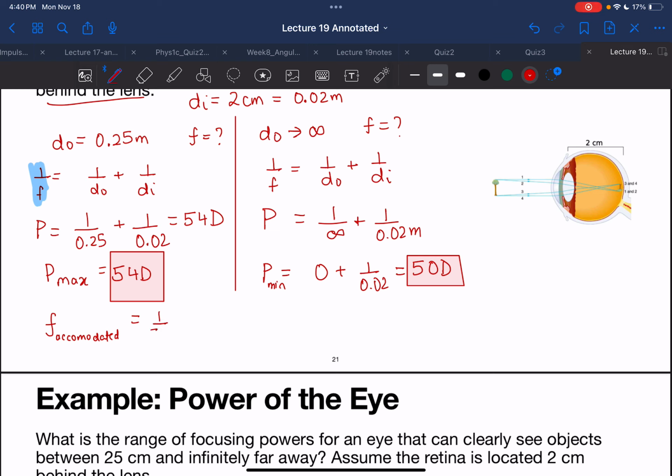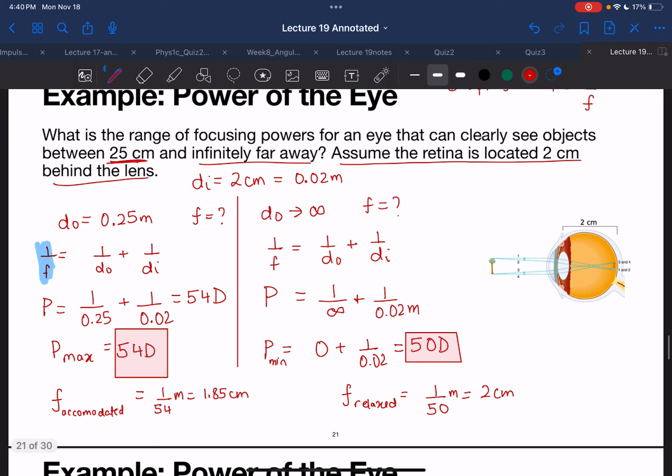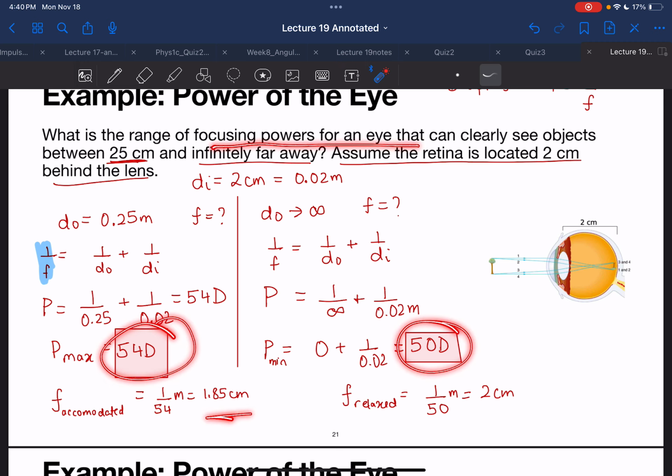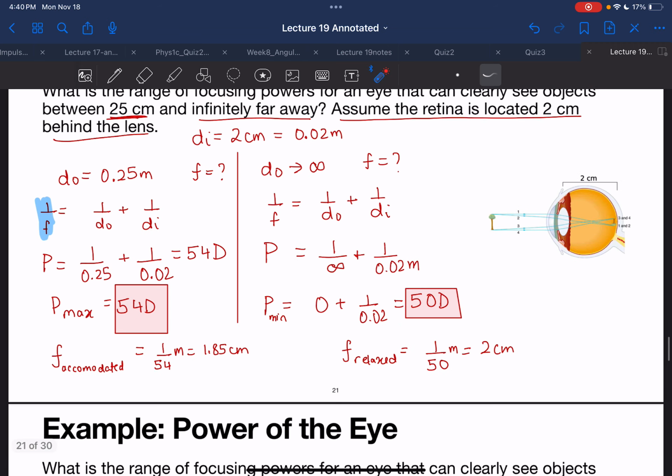So 1 over 54, which gives us 1.85 centimeters. And then on the other hand, when your eye is relaxed, the focal length is 1 over 50 meters, which is equal to a focal length of about 2 centimeters. So the question didn't ask us to get the focal length. The question just asked us to find the focusing power of the eye, which is this range, but you can get the corresponding focal lengths. Okay.